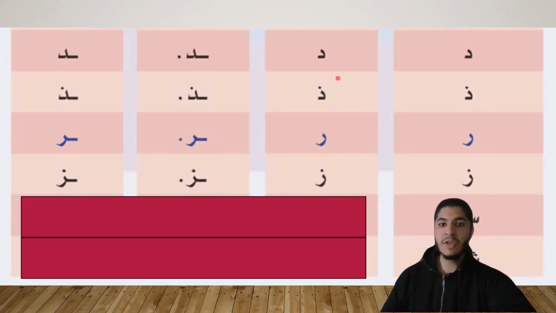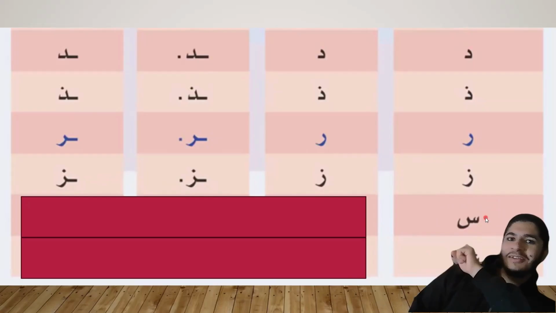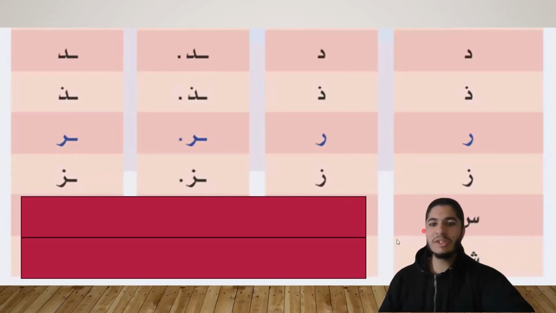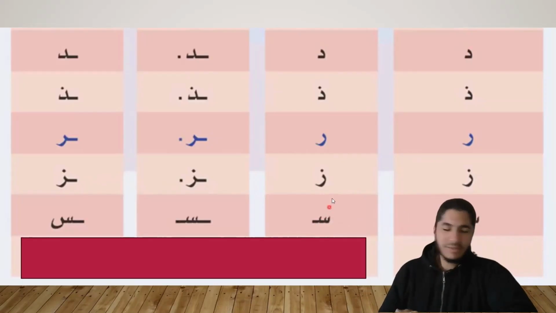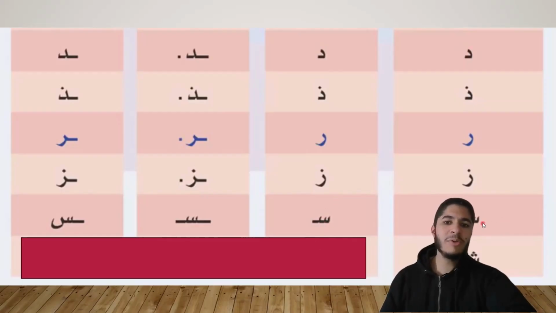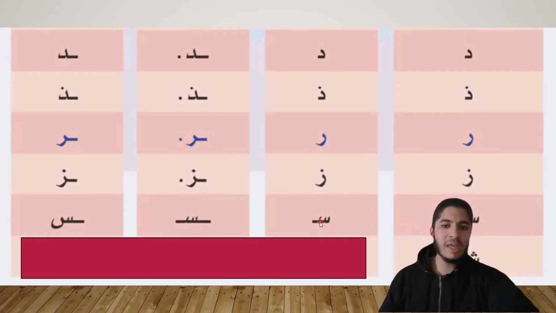Okay, easy. Let's go to the sin letter, which is behind my head. Here it is. Sin letter. How is its shape when it comes in the beginning? We delete the curve and we make a tail to link it to the letter after because, as with all Arabic letters, it links to the letter before and after. So in the beginning, the W, this shape, the three edges, where it stands still, will be the same, and just this curve is deleted and a tail added to link it to the letter after.